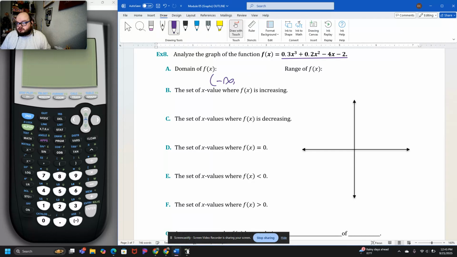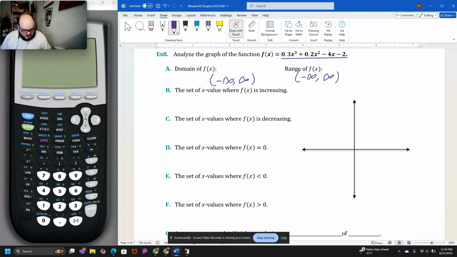There's no restrictions listed. You know, those ones we did earlier, there were some restrictions. There's no restrictions listed on this one, and it's not one where I'm dividing or have a fraction, so there's no restrictions in that regard. It doesn't have a square root, so there's none of those restrictions I've got to worry about. So we're just a restrictionless graph. Okay.